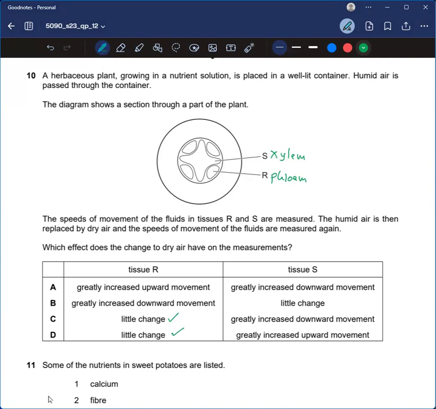Okay, but as initially the air was humid, the concentration gradient was less. But as the air has been changed to drier, the concentration gradient has increased, due to which the tissue S, which means the xylem, would transport more.